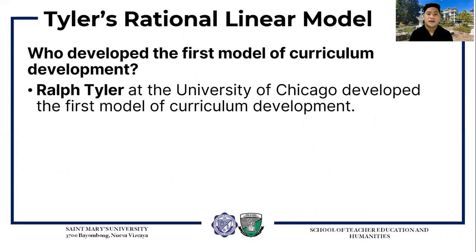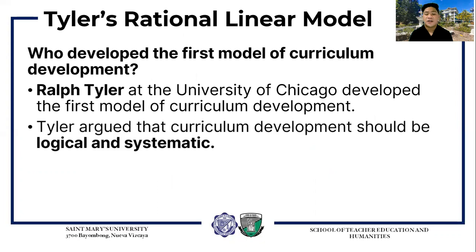For many years, it has been the basis of all the curriculum development models developed by other curriculum scholars. This is the most famous among the models, and I think it is the easiest to follow. Tyler argued that curriculum development should be logical and systematic, and so we have a rational linear model.